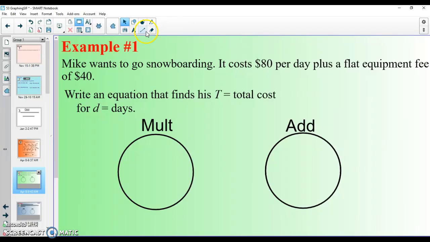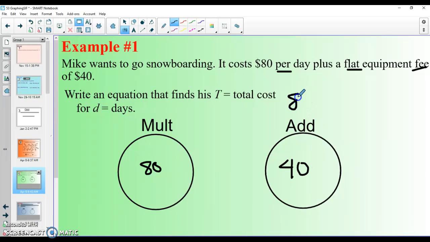Well, I see "per," so that told me that 80 is my multiplying number. And then I see a flat fee of $40, so that was my adding. So my equation would be 80D plus 40 equals T, which is my total.